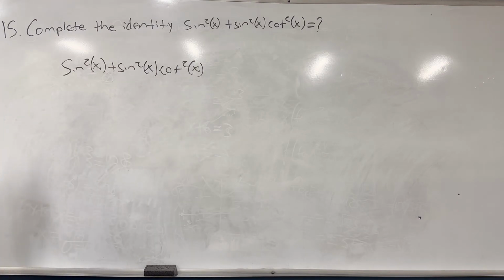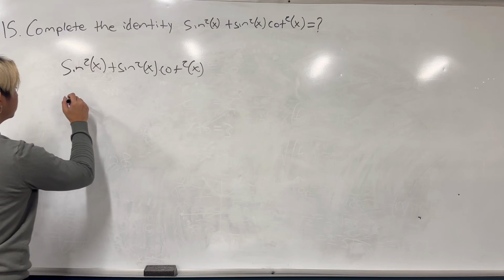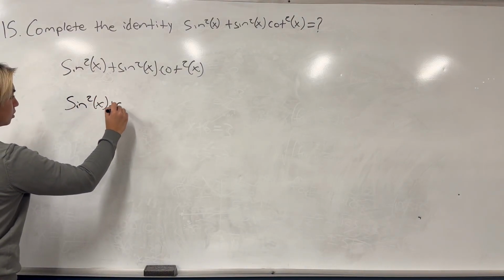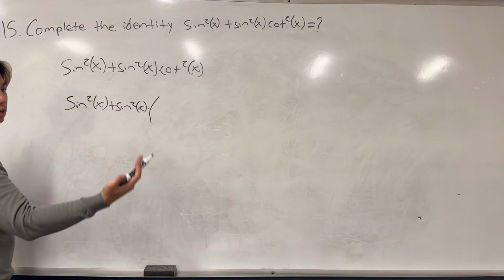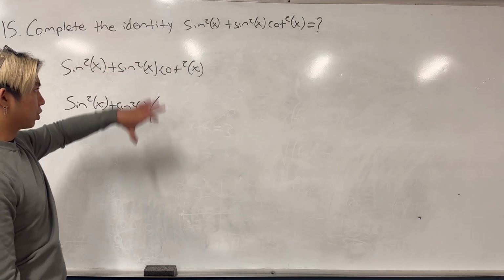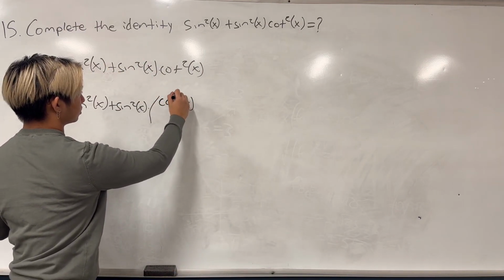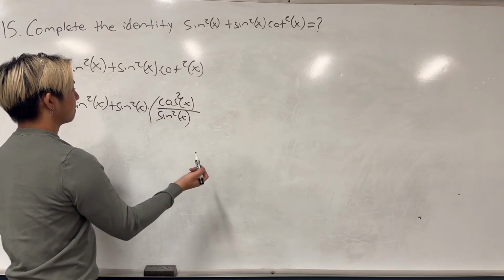Actually, I can just split this into terms of sine and cosine. So it becomes sine squared x plus sine squared x times, and what's cotangent again? It's cosine squared of x over sine squared of x.